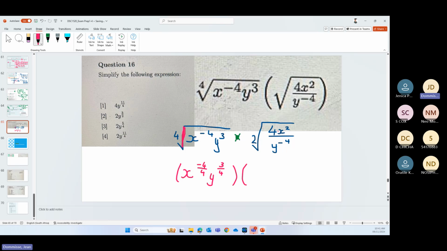The same, that divided by x2 divided by 2. We'll look at the 4 now. y minus 4 divided by 2.